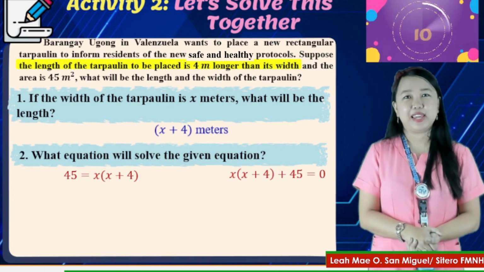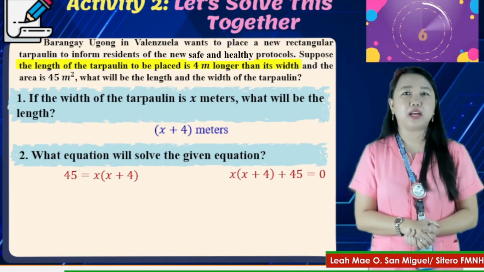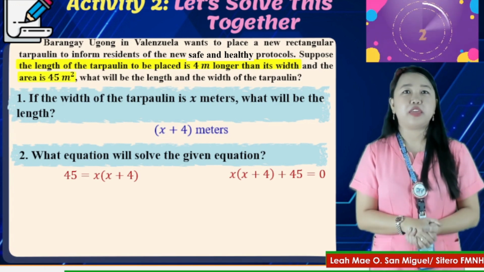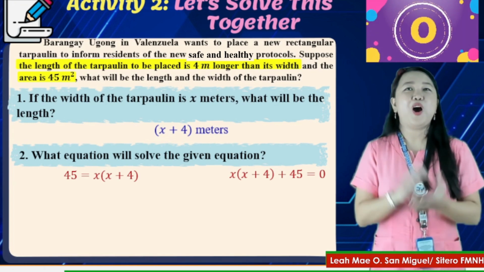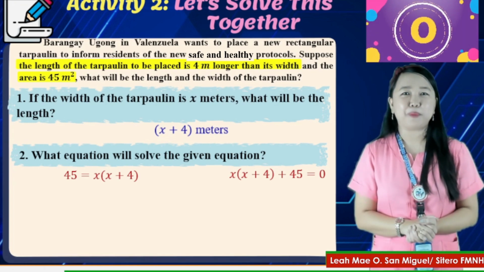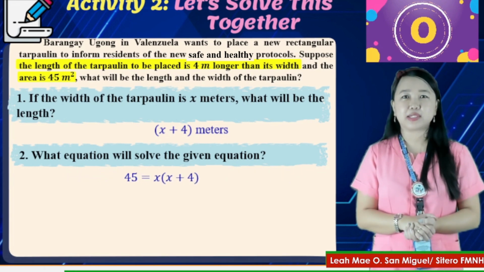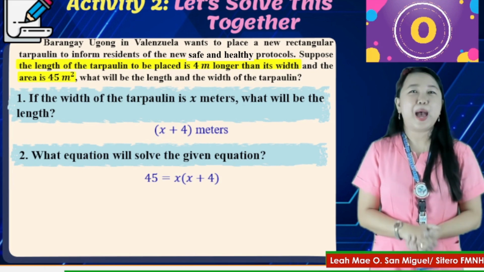Go! Remember that the formula for the area of a rectangle is the product of the length and the width. And the area in the problem is 45 square meters. Alright, time's up. If you answered 45 is equal to x times x plus 4, then you are correct. Amazing!